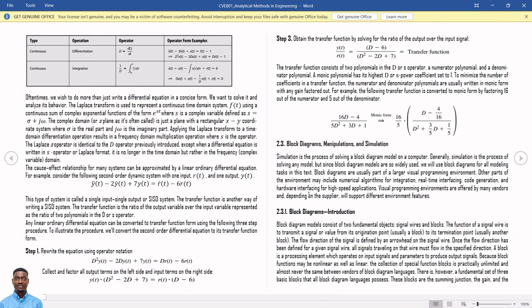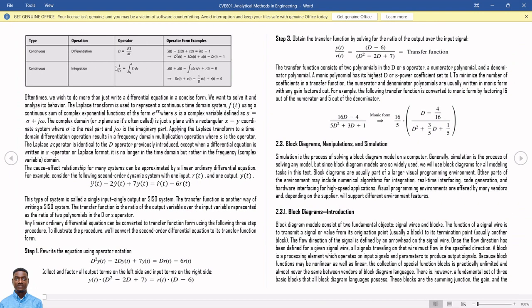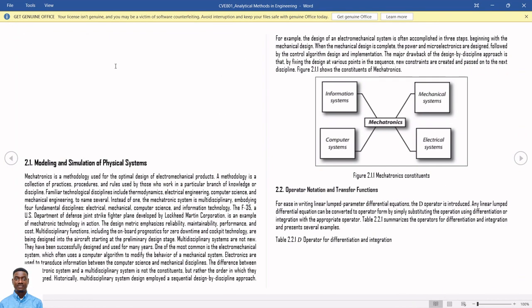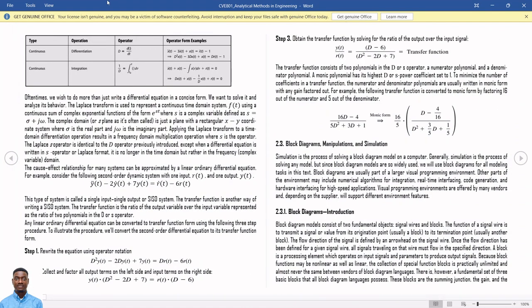If we look at this table, which is table 2.2.1, we have the type of the system, which are continuous systems, because these are systems whose state changes with time. So we'll be modeling continuous systems in this work. Then operations can either be differentiation or integration, and the D operator replaces differentiation.